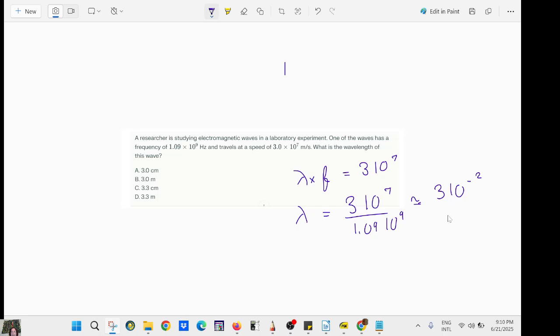So which is meters, so it will be about 3 centimeters. Okay, it cannot be 3.3. So that will be the only answer that makes sense, which is A.